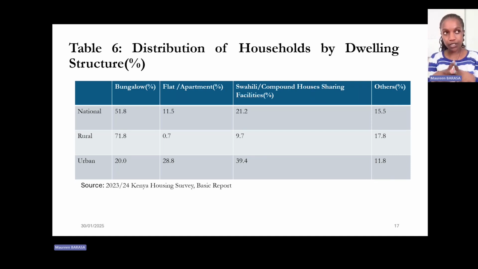This is due to the population density in urban areas that affect demand and supply of these houses, and also the small pieces of land in urban areas that necessitate construction of houses that go up instead of construction of bungalows. And yeah, for the rural areas, for them to construct bungalows, it's just the availability of land as well as readily available materials that necessitates ease in construction of these bungalows.